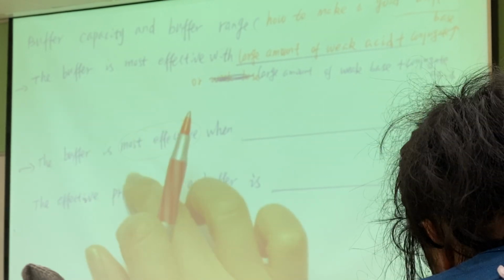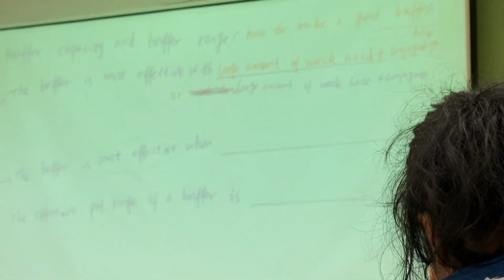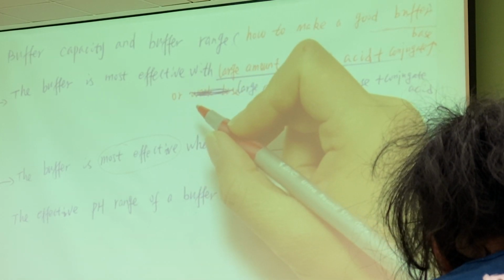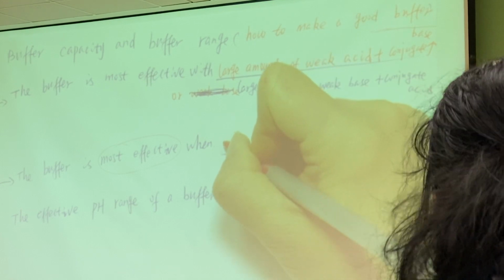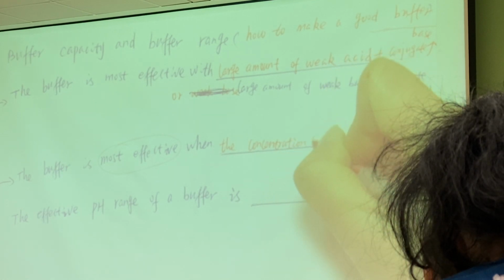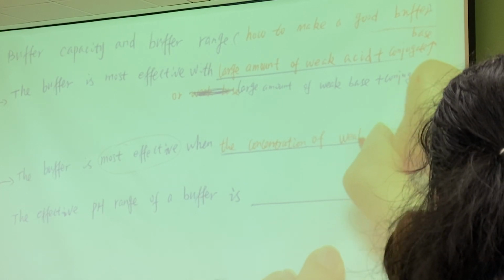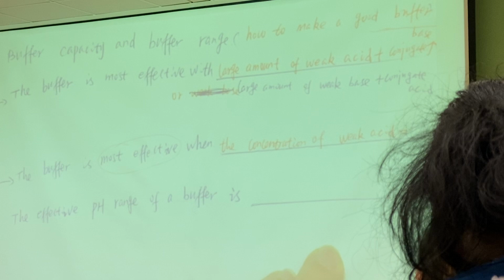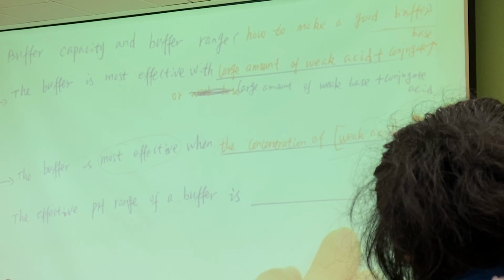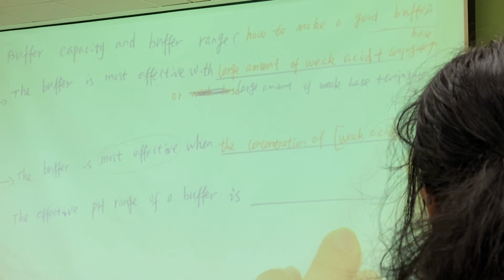In order to make a good buffer, you should have the concentration of weak acid equal to its conjugate base.